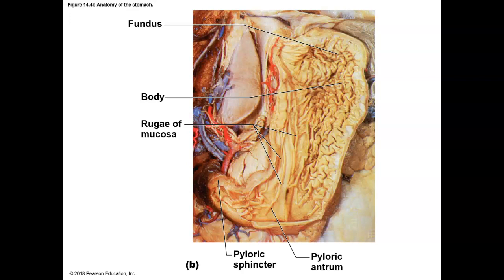So think about that turkey dinner that you eat, or when you go for a really fancy meal and you overeat the food because it's so tasty. That food has to have somewhere to go, and your stomach can expand to take in more food to some extent. Obviously, you can't take in just any amounts of food. But these rugae allow for that expansion.